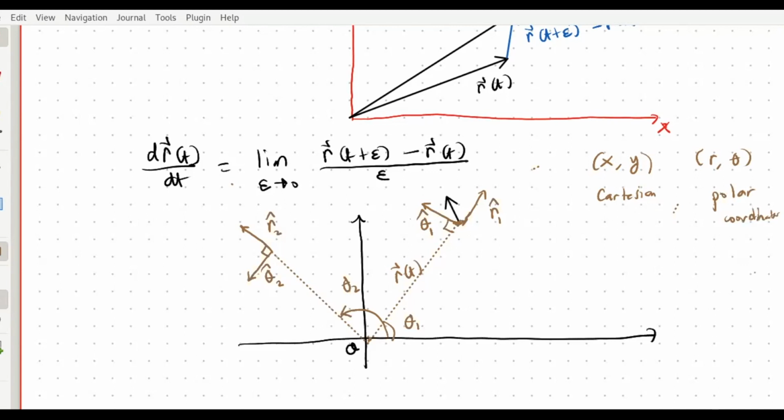So we want to express the velocity and acceleration in terms of polar coordinates and in terms of unit vectors along r and theta.